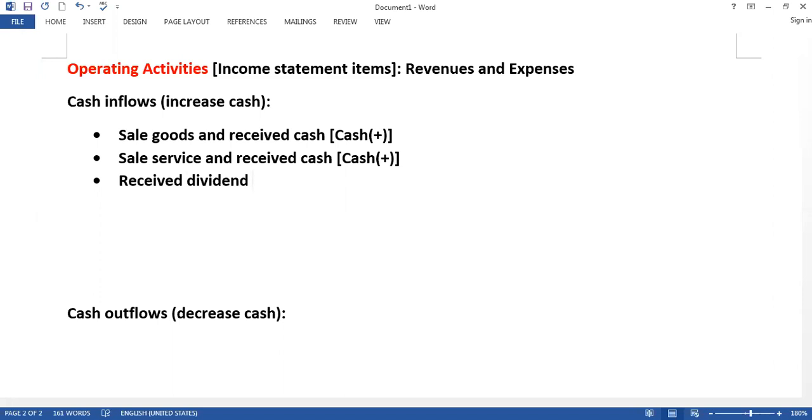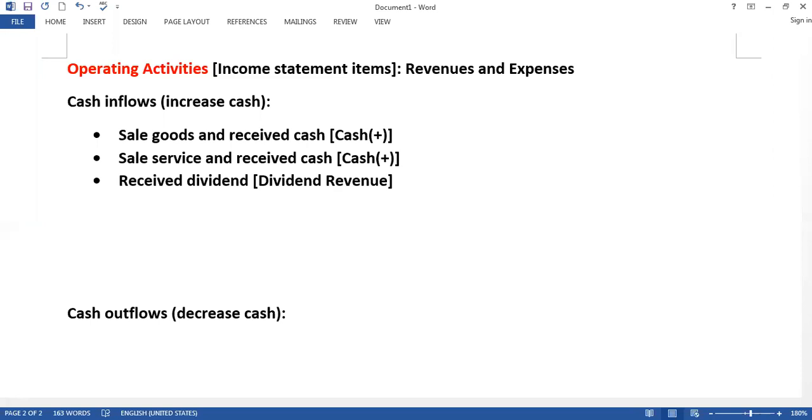Receive dividend. When your company receives dividend, you should record it as dividend revenue. Do you understand? When your company receives dividend, you have to record it as dividend revenue.